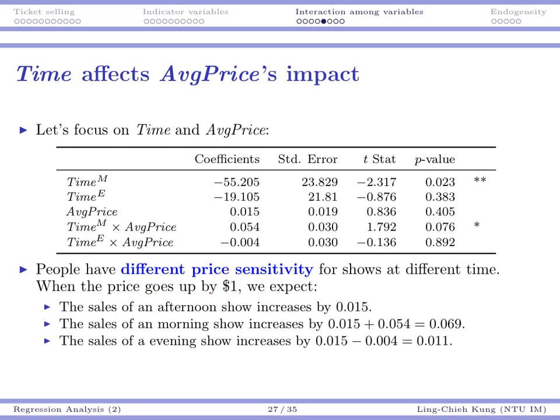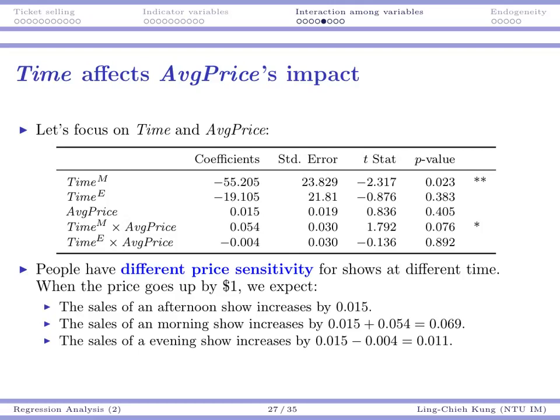If this is an afternoon show, then time E and time M will just be 0, right? So these two variables will not be here. And then the only impact from price to sales is 0.015. So when the price goes up by 1, if this is an afternoon show, we expect an increase of sales by 0.015.